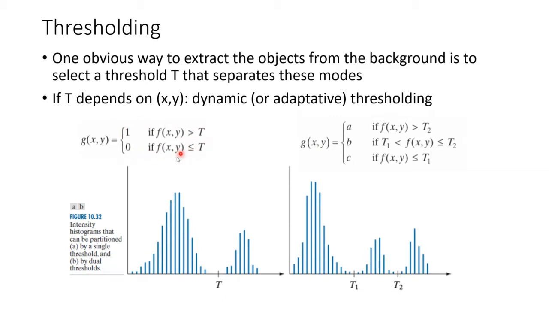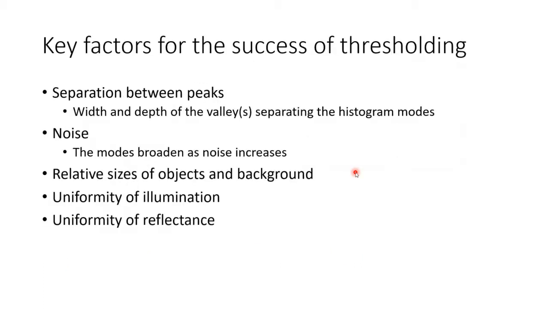If it's less than the threshold, you label it 0. If you have more than one threshold, then you can have many labels, and you decide what you're going to label your segmented images.